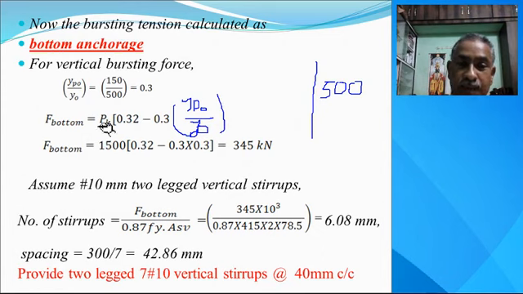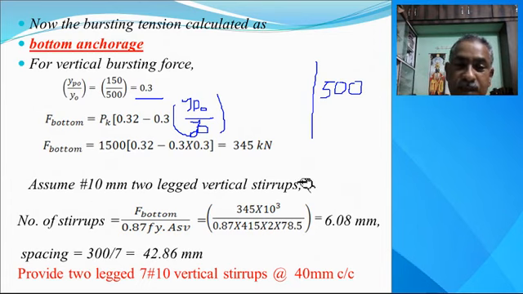PK is equal to 1500, as all the wires are tensioned to that. So 1500 into 0.32 minus 0.3 into 0.3, and we get 345 kilonewton as the force exerted at the bottom anchorage.